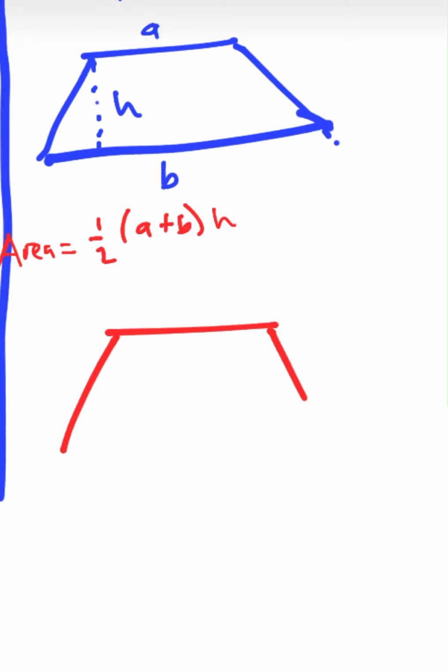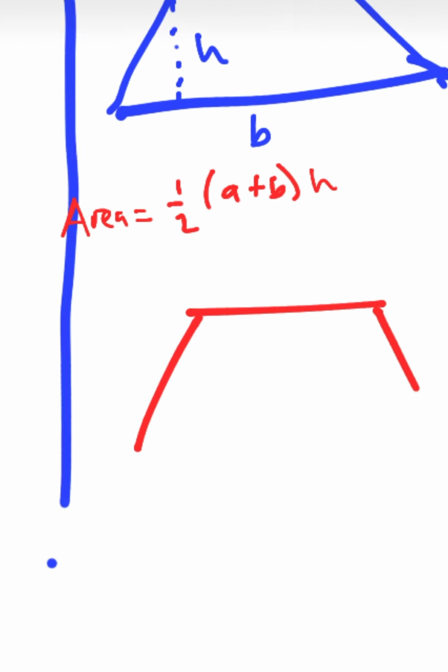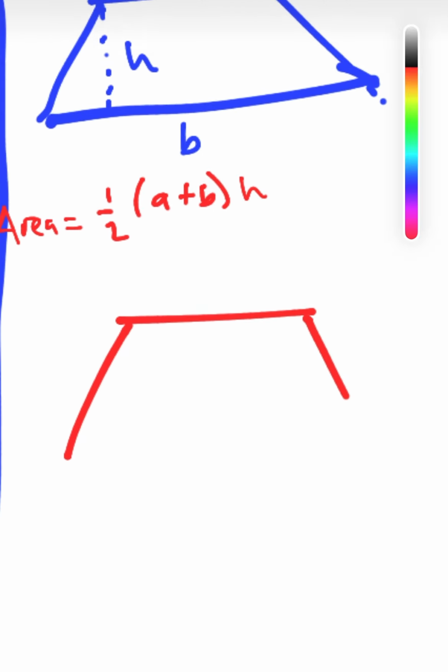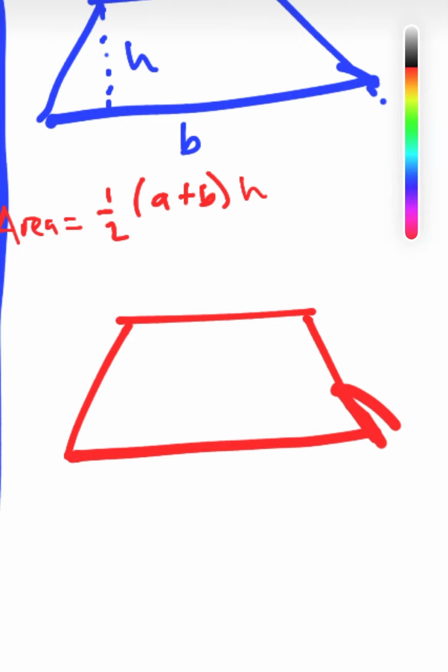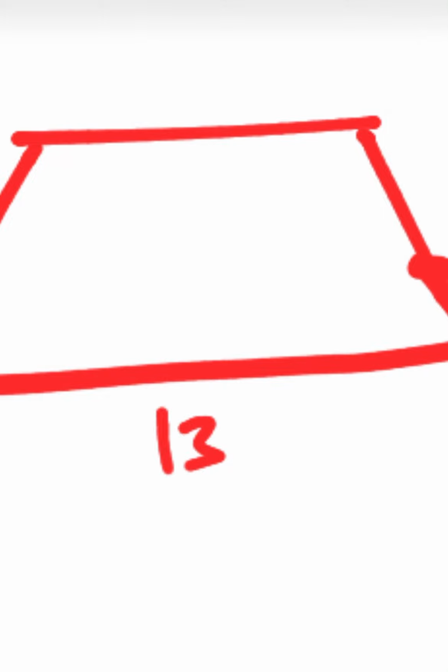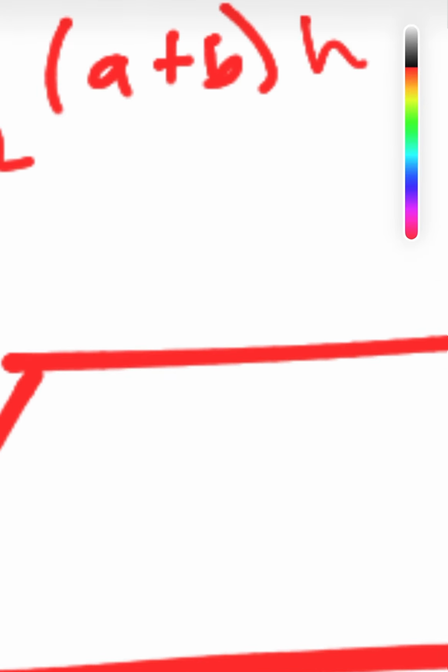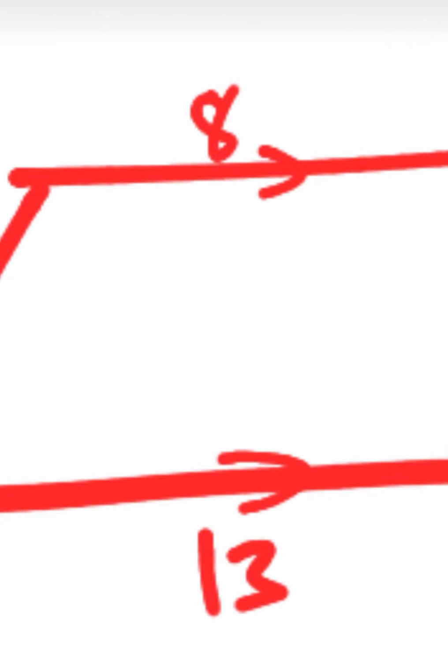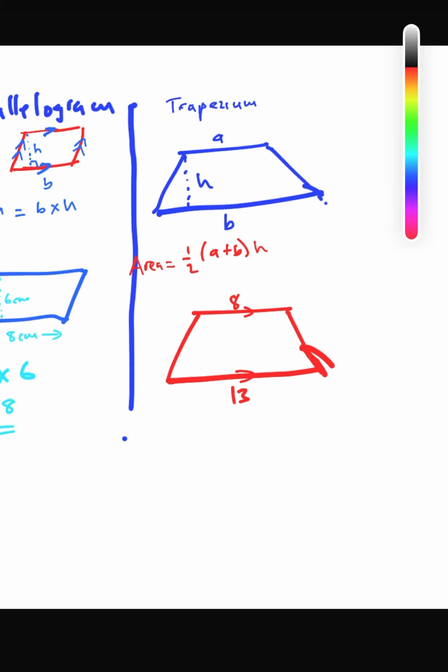It has 13 here, then it has 8 here. Then I can indicate that these sides are parallel. Then my height is going to be 8. So between this and this, it's actually 8 centimeters.